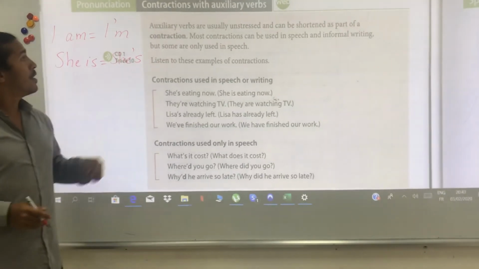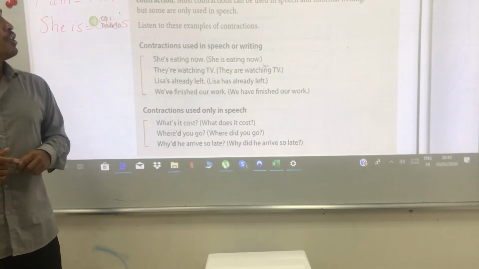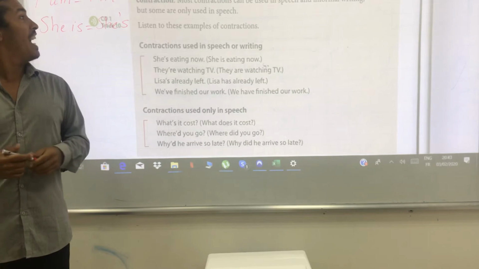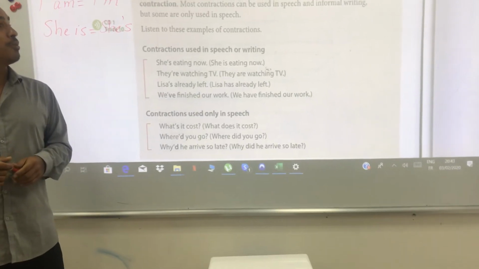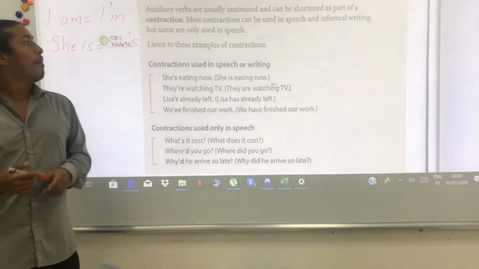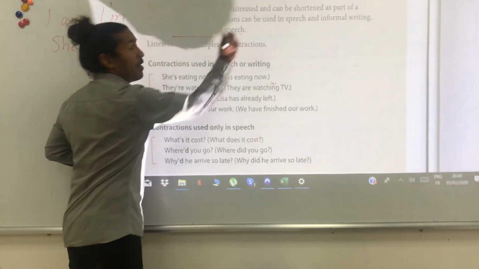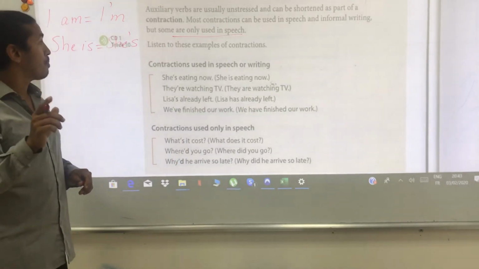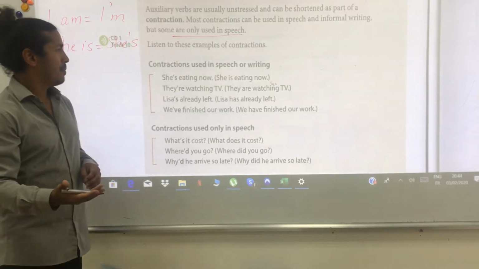Moving on. Auxiliary verbs are usually unstressed and can be shortened as part of a contraction. Most contractions can be used in speech and informal writing, but some are only used in speech. I want you to remember that, everyone. Listen to these examples of contractions.